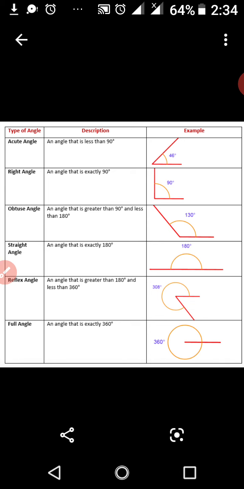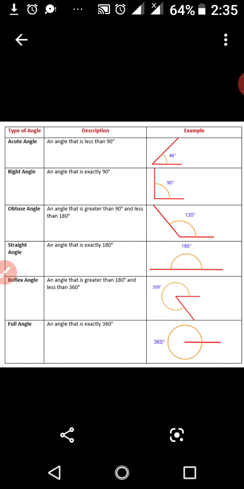Next one is obtuse angle, an angle whose measure is greater than 90 degrees and less than 180 degrees. If you see the example, this is 130, so greater than 90 and less than 180. You can take any other number also. For example, 179 is an obtuse angle, 91 is an obtuse angle, 100, 110, 115, 135, 170.